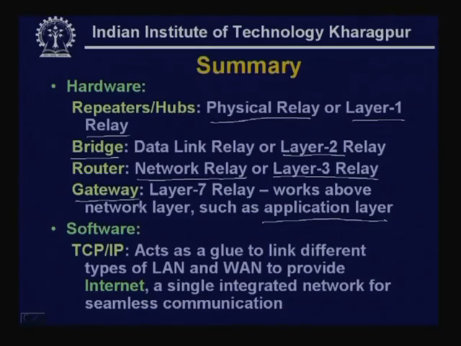That kind of application gateway may be necessary in implementing firewalls for the purpose of security. So although for normal routing purposes a gateway is not necessary, in special situations such as implementing a firewall for the purpose of security, this kind of device will be necessary, and which operates, as you can see, in layer 7. That means it operates in the application layer. It can look at the contents of data.